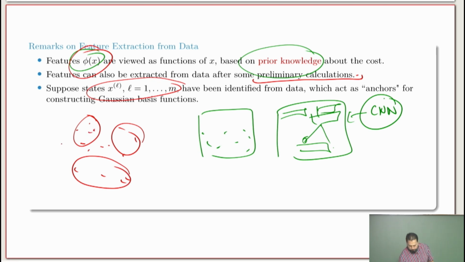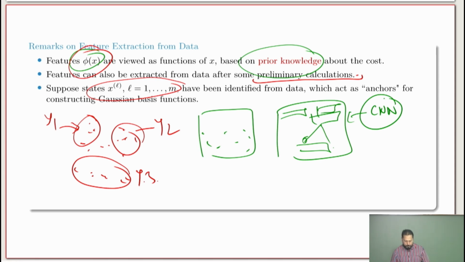So this whole group of states could be your feature y1, this feature y2, this is feature y3. As a preliminary step, you may do the clustering first and then do some other things after that. So there may be some pre-processing or preliminary calculations you may do. So you may combine things.